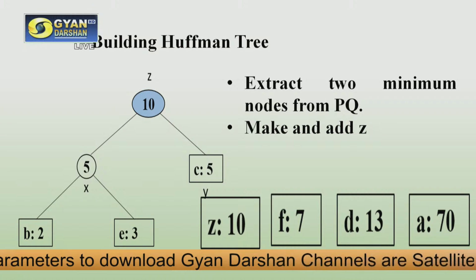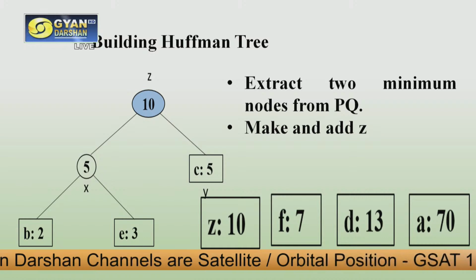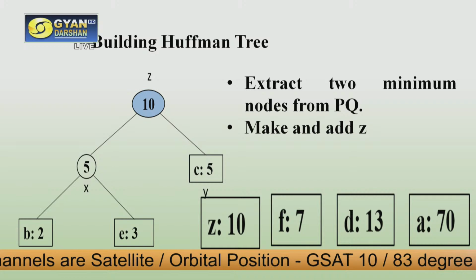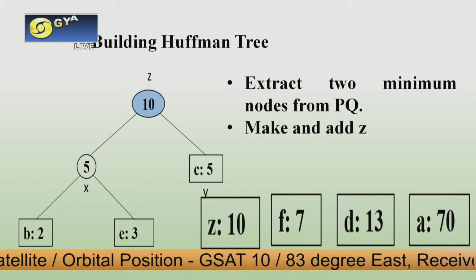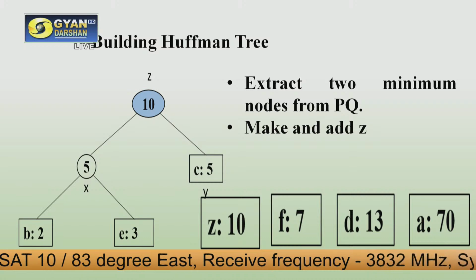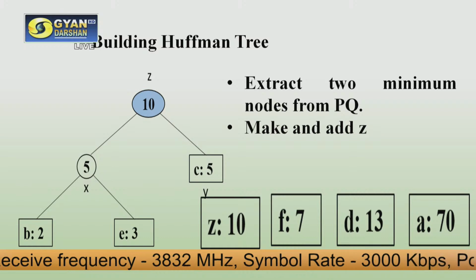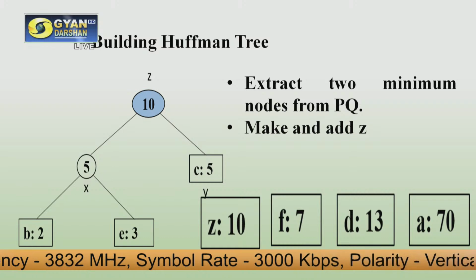Now technically this Z10 should be after F7, but for the sake of simplicity we have just put it over there. What is the next pickup from the priority queue? It's going to be F7 and Z10. So this Z10, that is the whole subtree, will be picked up with F7.